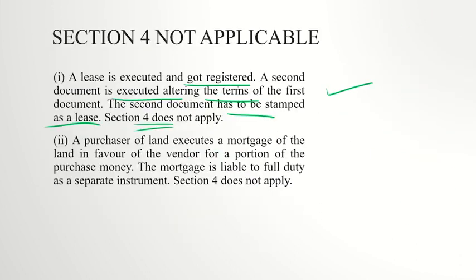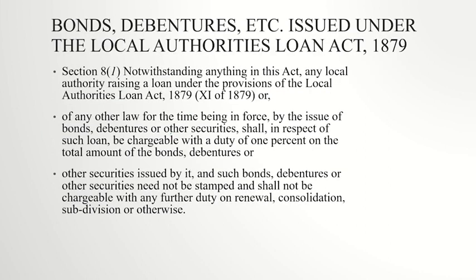It is not applicable when we have one agreement and a second document for alteration. When the second document alters the terms of the first document, we have to pay stamp duty on the second document also. This is what we have to understand.